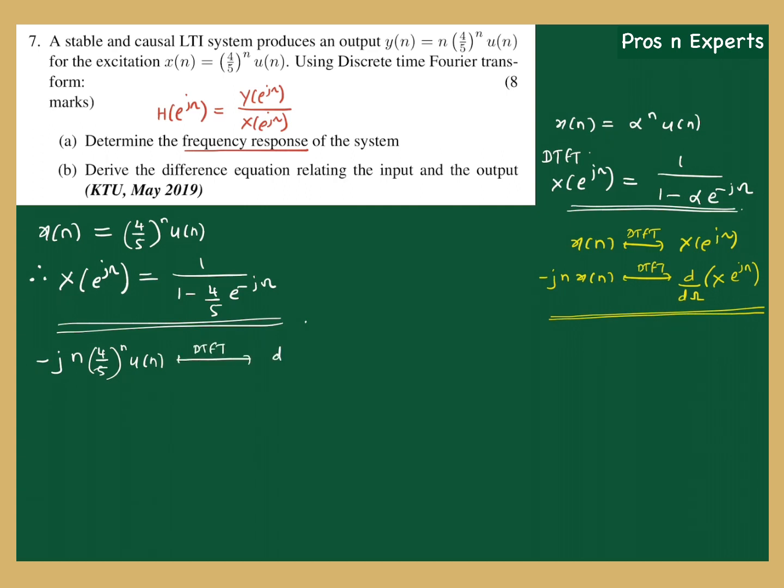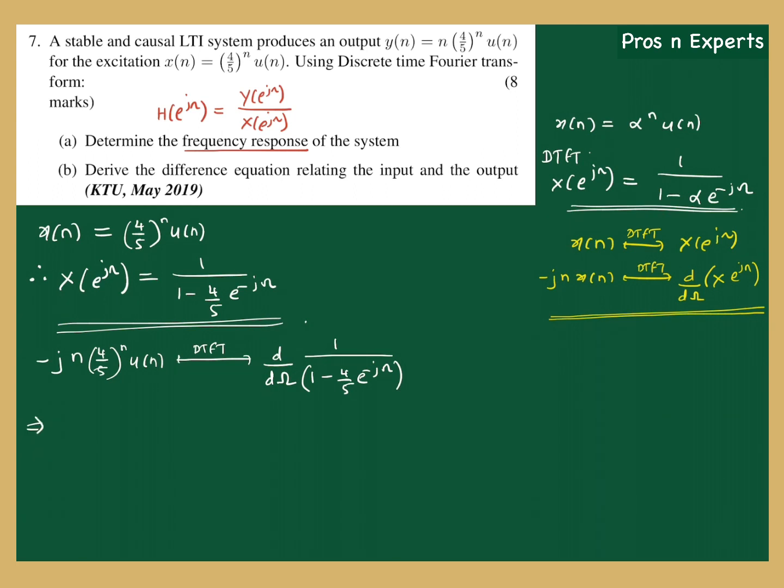What will it be? d by d omega of X of e raised to j omega, right? What is X of e raised to j omega? We have found it as 1 by 1 minus 4/5 e raised to minus j omega. So d by d omega of 1 by 1 minus 4/5 e raised to minus j omega. And what will be the value? I can write in the next step.